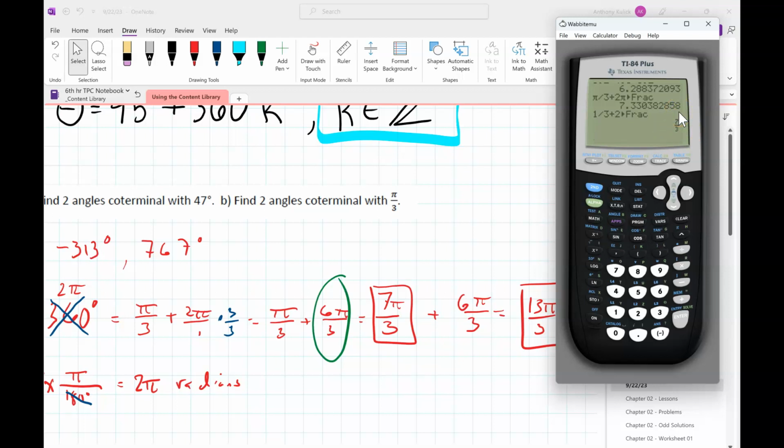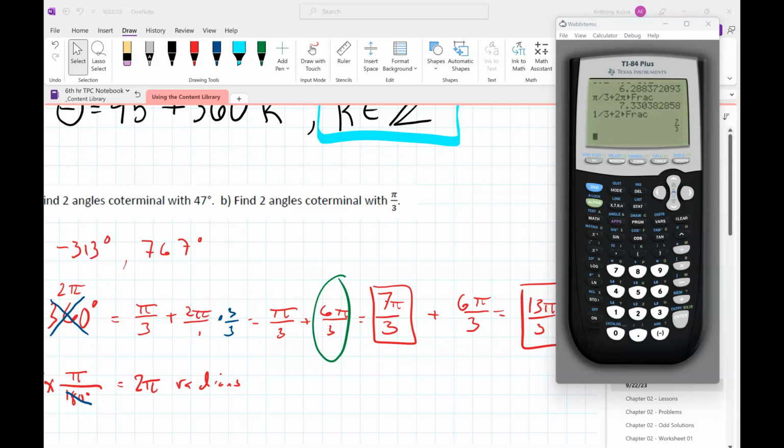So if you're scared of fractions and your ability to consistently and correctly add fractions, your calculator can handle this for you. You just have to remember to leave the pi off and then put it back on when you're done. But the calculator can still do that for you. You just have to ask it nicely. So far, so good? Yeah.